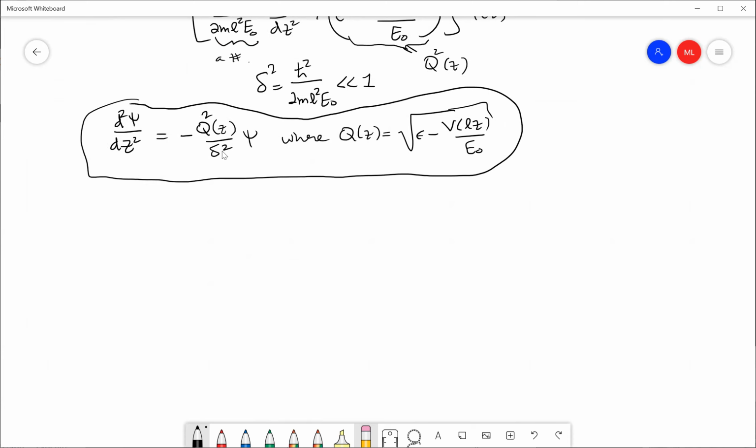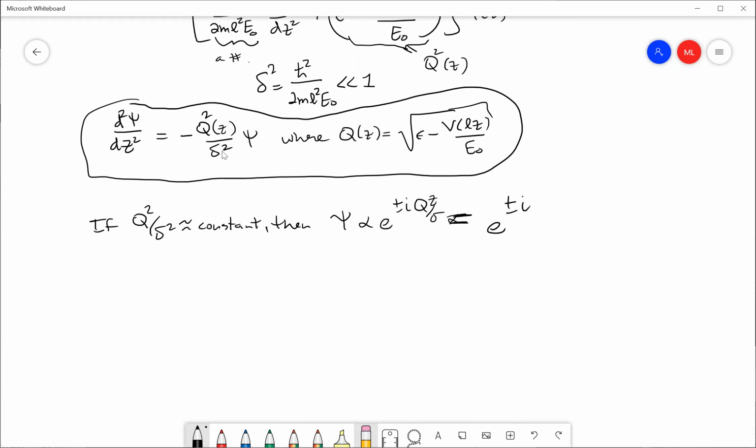If this quantity is approximately constant, then of course the solutions for psi are just going to be proportional to e to the plus or minus i q z over delta. That's what it would be.